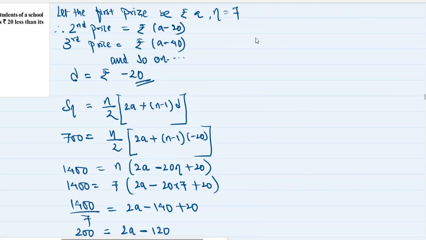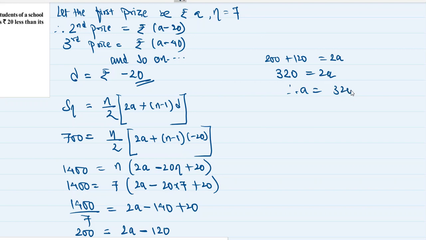So 200 plus 120 is equal to 2a, and this will be 320 is equal to 2a, and therefore a is equal to 320 divided by 2, which is rupees 160. So the first prize is rupees 160.